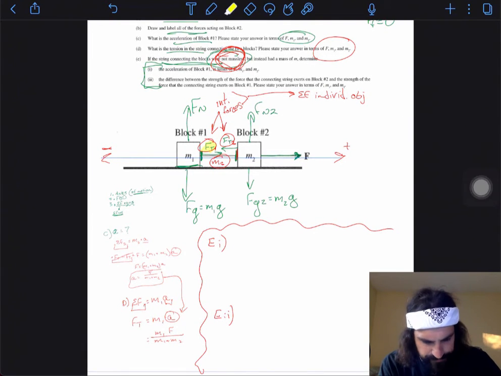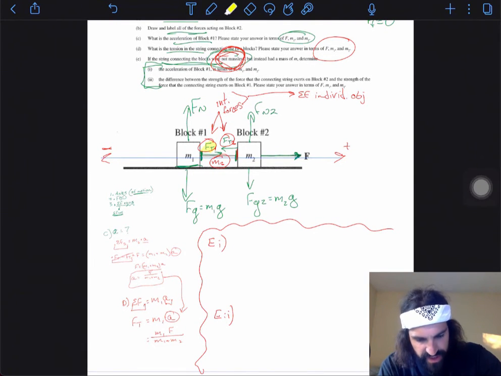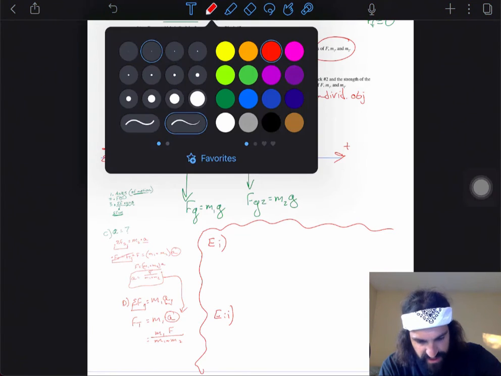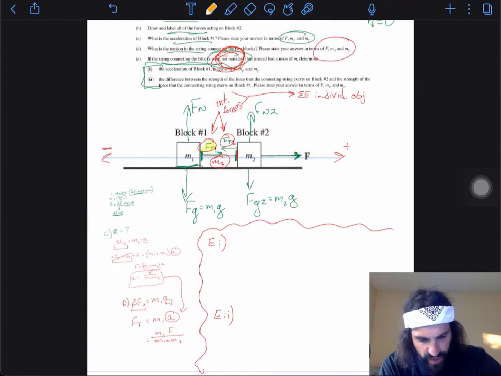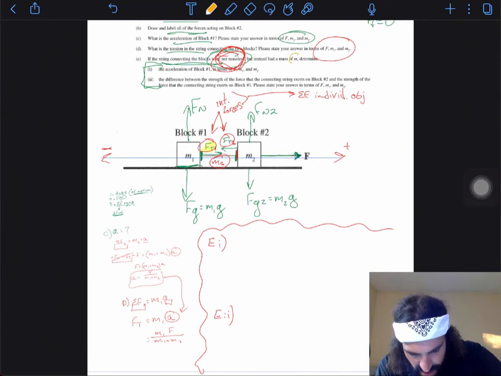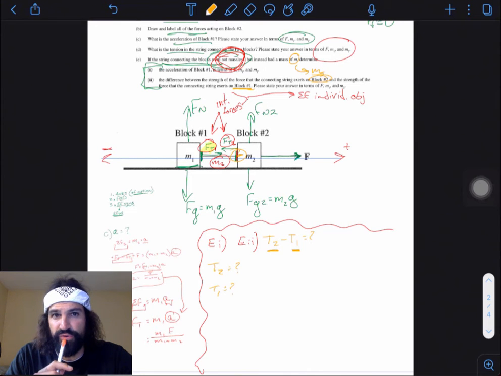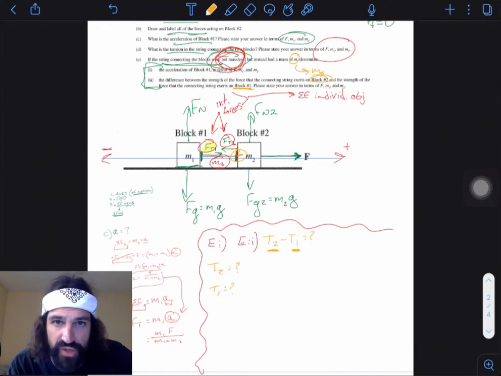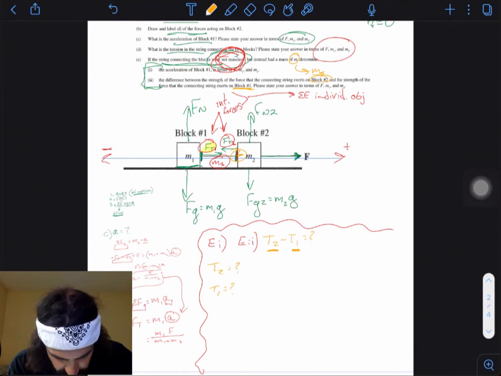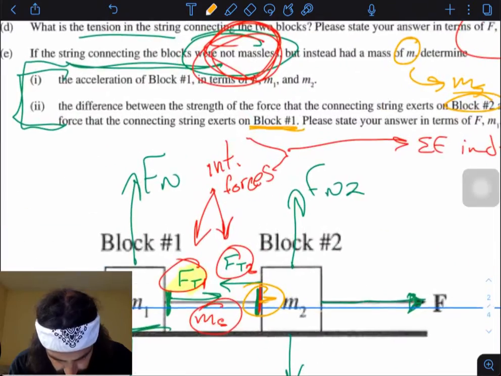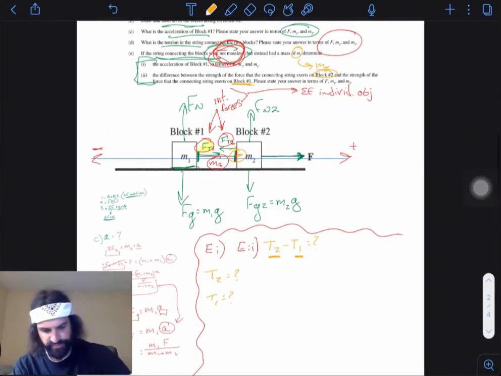So knowing that, if the string connecting the blocks were no longer massless, and I'm going to switch colors just so it's easier to follow, but had mass m of the string, and they said m, but I changed it to mass of the string just so we don't get jumbled. For part 1, they want us to find the acceleration of block 1 in terms of F, m1, and m2.